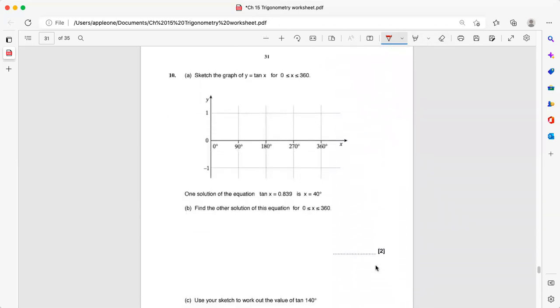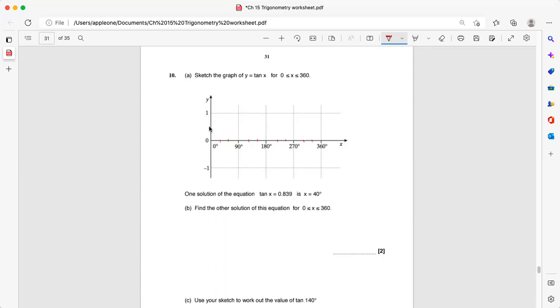Question number 10. Question 10 says, sketch the graph of tan. It's a simple thing, but they say sketch the graph in between 1 and minus 1. So we have values here: 30, 60, 120, 150, 210, 240, 300, 330.